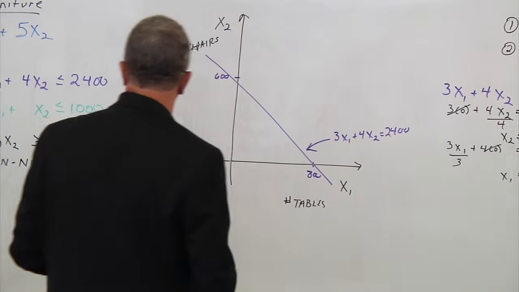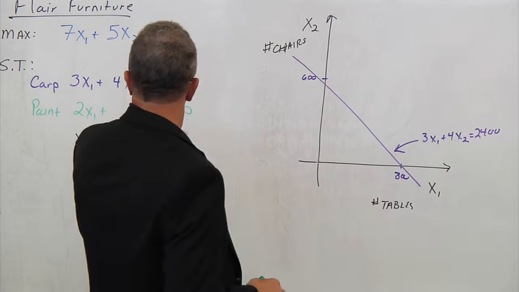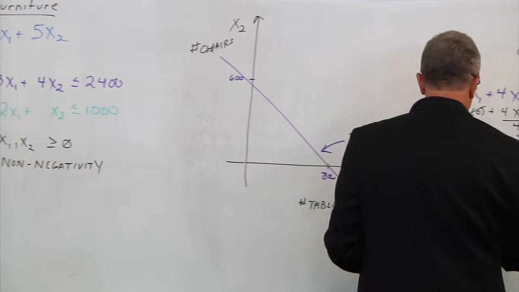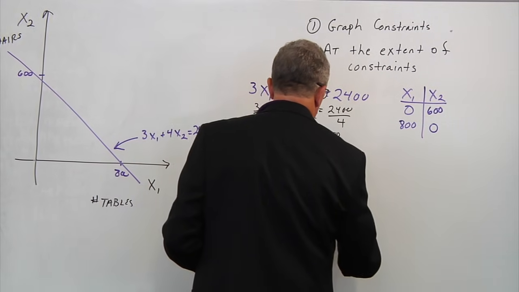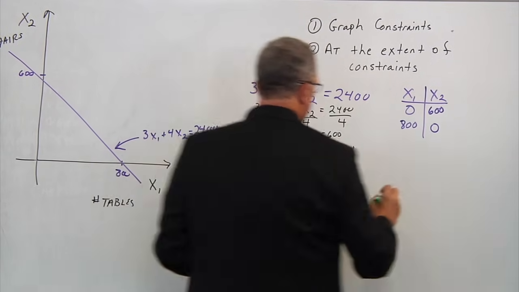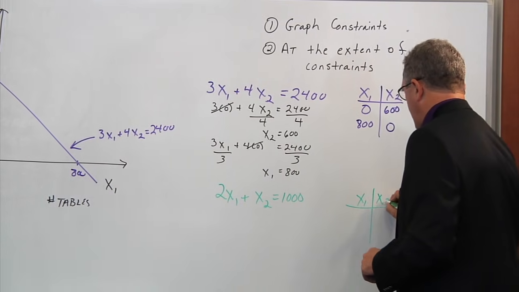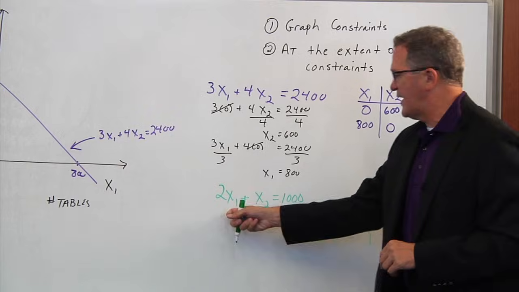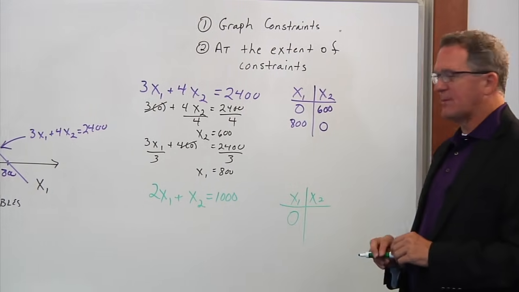Let's do the same thing for our second constraint. Second constraint is 2x1 plus x2 is going to equal 1,000 hours. So I'm going to do the same thing again. If x1 is 0, if I don't build any tables, how many chairs can I paint?